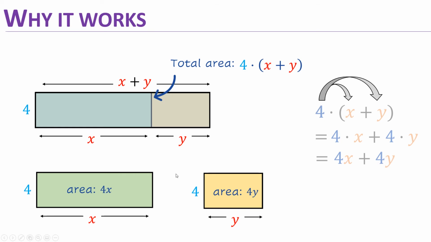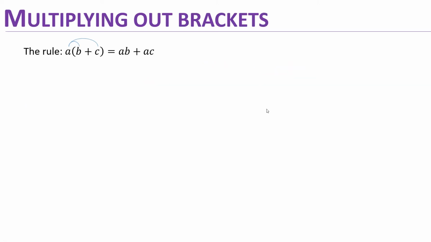So what is the total area of these two rectangles? That will be 4x plus 4y. And the total area of the big rectangle and that of the smaller rectangles stayed the same. So that means that 4x plus 4y is the same as 4 times x plus y. So that means we have a technique for simplifying a product involving brackets. We multiply the factor in front of the brackets by each of the terms inside of the brackets.